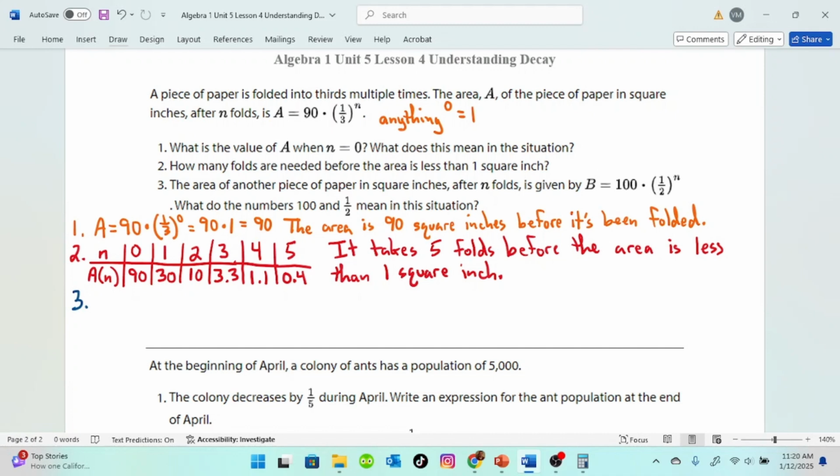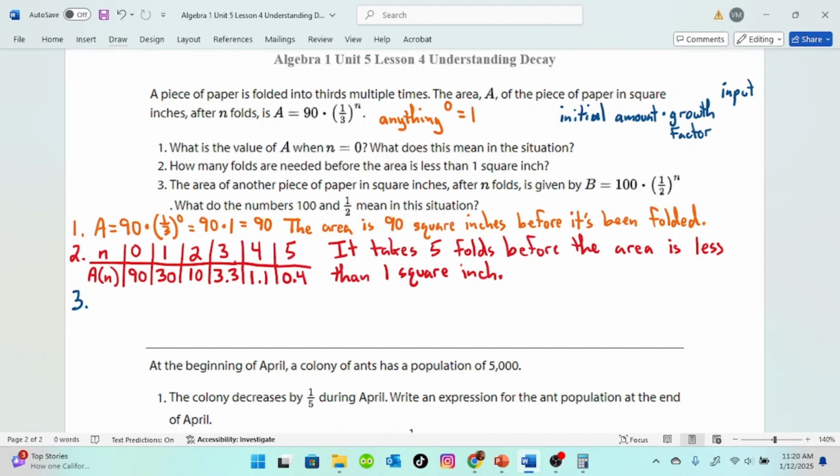So remember that an exponential expression has initial amount times the growth factor to the power of the input.